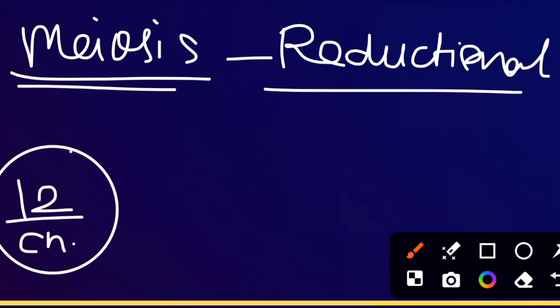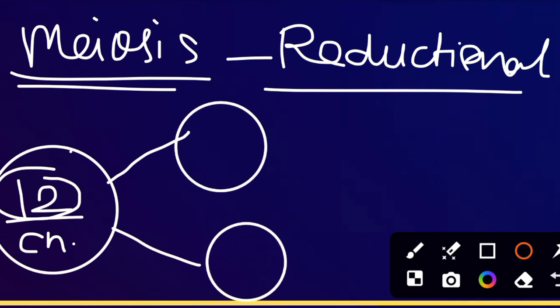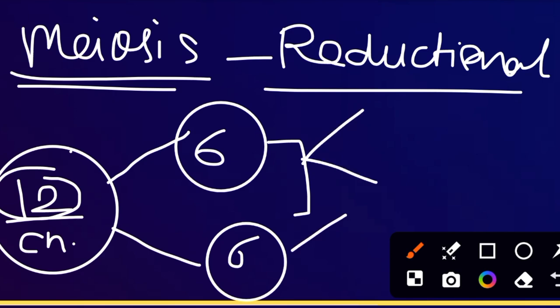Then during division, these 12 chromosomes will be divided in half into 6 chromosomes in each cell. Then these two will divide again, each dividing into 2 more cells. They will always form 4 daughter cells.